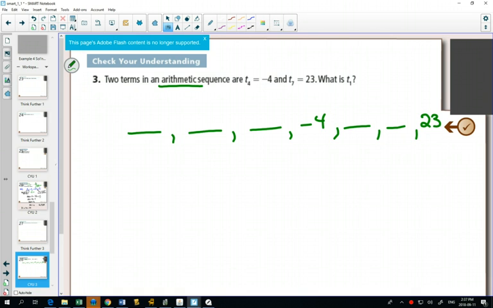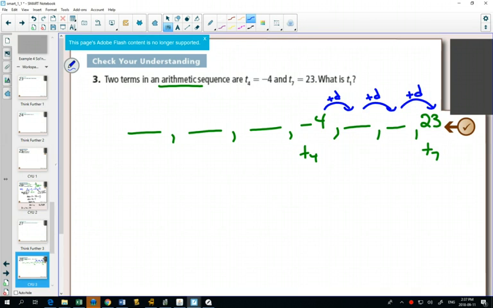You had one license plate, then you had two missing, and then you had a third license plate. Does it make sense that to go from term 4 to term 7, you're going to have to add whatever the common difference is, and I'll just use the letter D, you're going to have to add it 3 times.